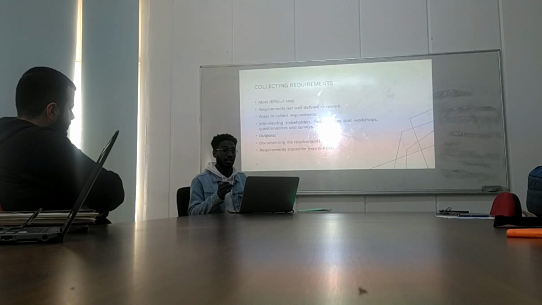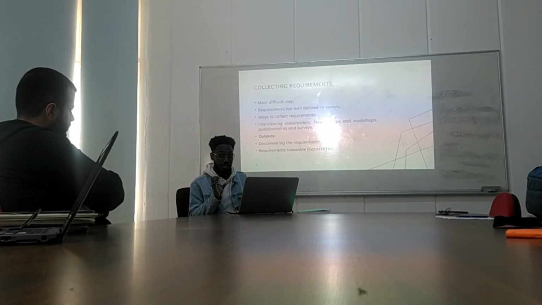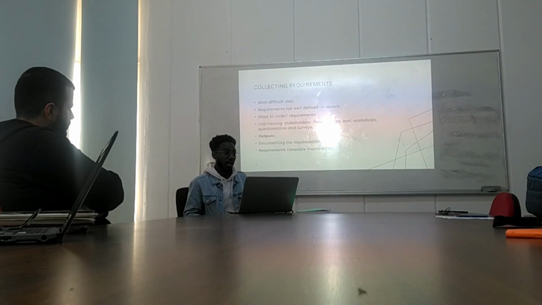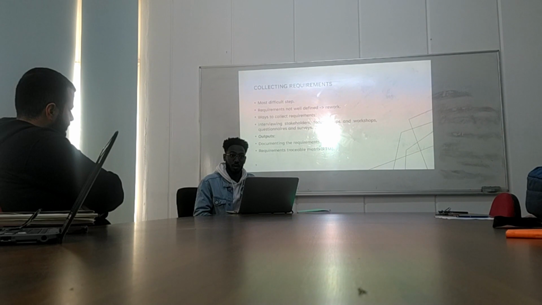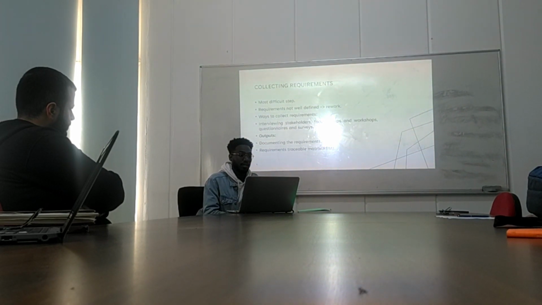Because sometimes if they give you vague answers and they don't give you specific requirements and don't provide the specific data that you want, you will not get the requirements that you want. And then we have the outputs. From this step, we are going to have 2 outputs: documenting the requirements and then the requirements traceability matrix.